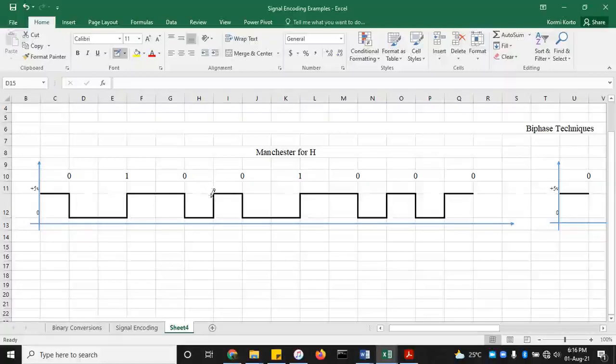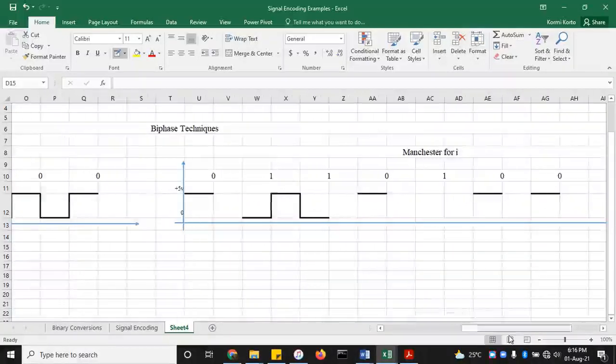It was only the 0 to 0 transition and 1 to 1. So we have that transitioning at the beginning start of that bit. The same applies to the ones over here as well, just to get you the low voltage start.